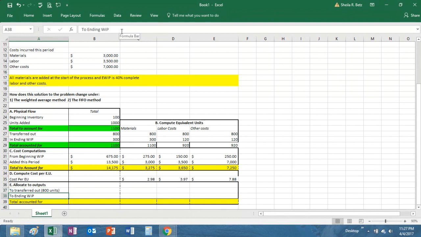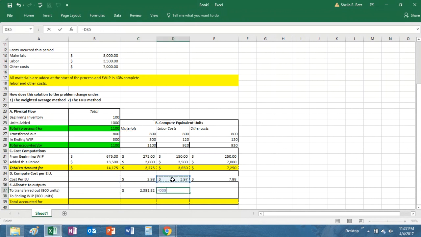Finally, the goal is to calculate how much money do I have in those 800 units that we completed and transferred out, and how much money do I have left in those 300 units that's left in ending inventory. So once I have my cost per equivalent unit, otherwise really just known as cost per unit, same concept, I'm going to take the $2.98 in material and times it by the number of units that I worked on for materials.